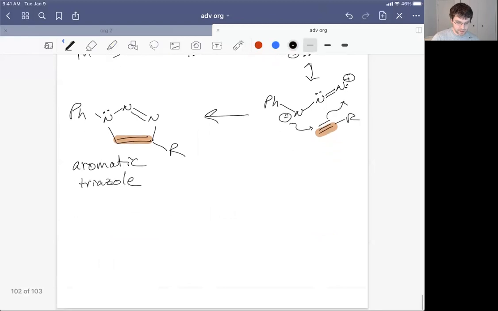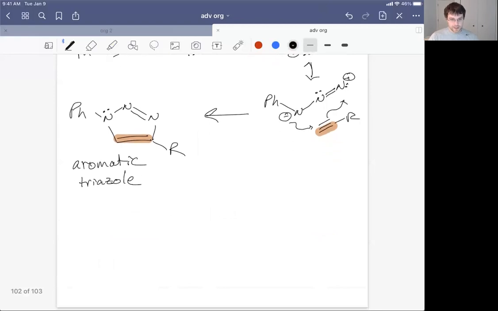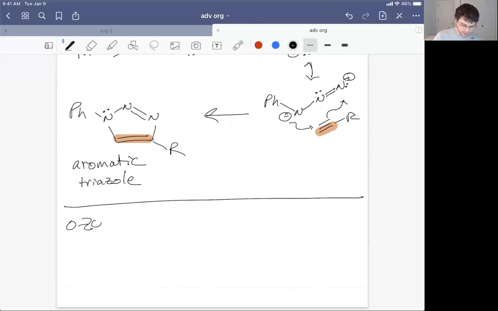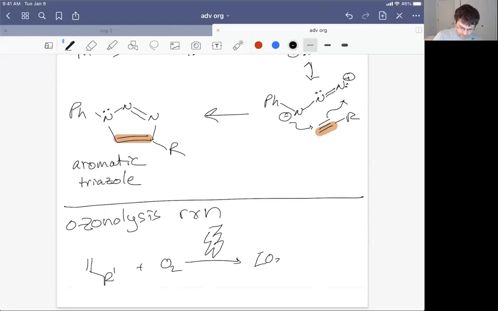Okay, so I just got done teaching this reaction in organic chemistry 2. It's one of my favorite reactions because in grad school it was just sort of a blast to do, but that's the ozonolysis reaction, where you basically take an alkene plus O2 in the presence of a lightning storm to make O3.